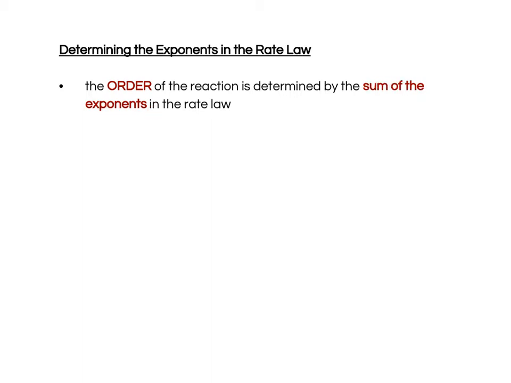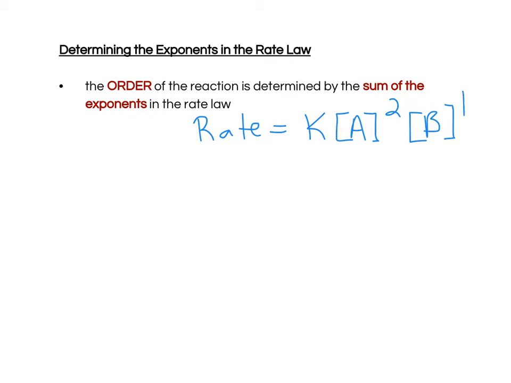For example, and this is purely an invented example, if the rate was equal to my rate constant times the concentration of some reactant A to the exponent 2 times the concentration of reactant B to the exponent 1, I know that the order would be just the sum of those exponents, the 2 and the 1, so my order would be 3. Right, 2 plus 1 equals 3.